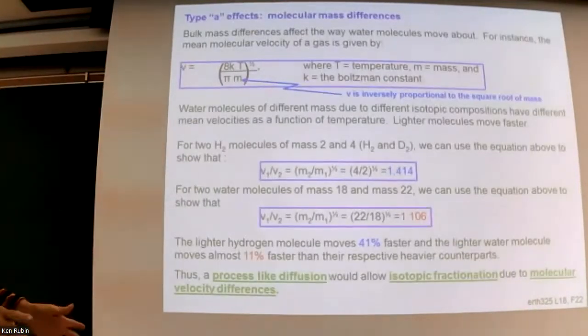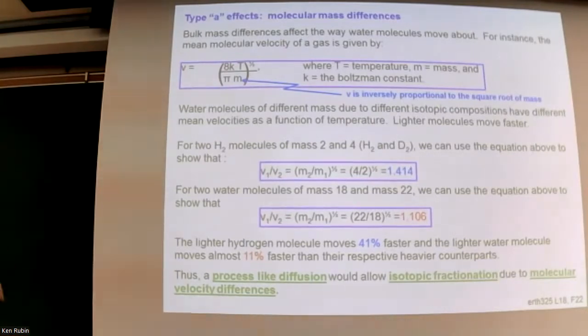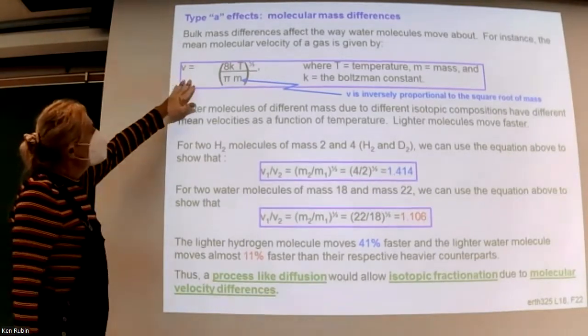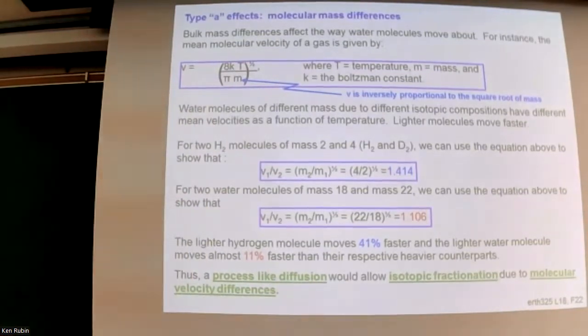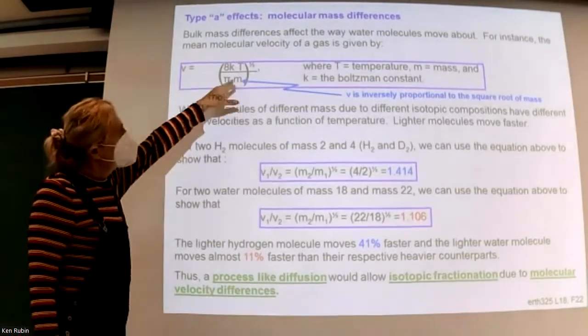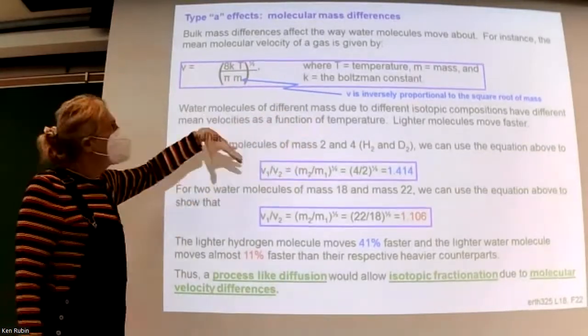Okay, so this is a relationship that tells us how fast our molecule is moving as a function of the temperature and their mass, with something called Boltzmann's constant. This is something that's worked out.